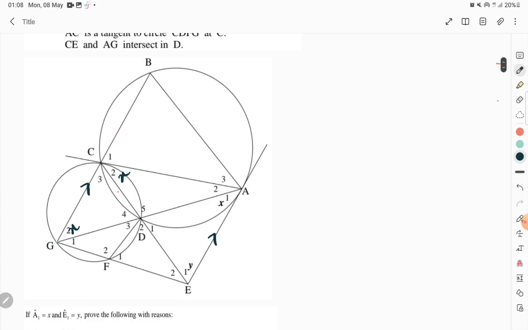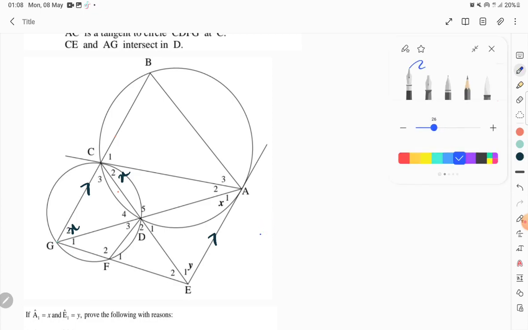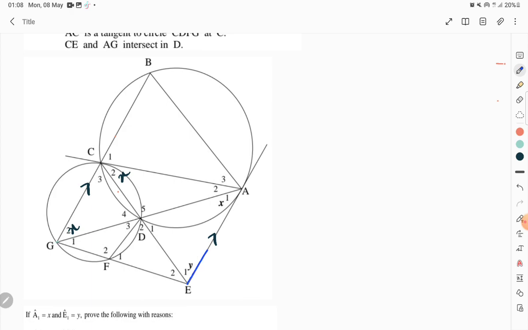We have to prove that the line AE, this line, is a tangent to a circle that will pass through F, D, and E. I'm sorry for my circle that is not cyclic, but anyway, you get the idea.